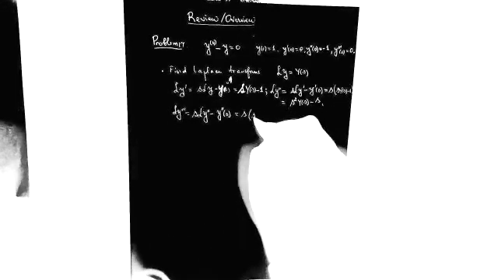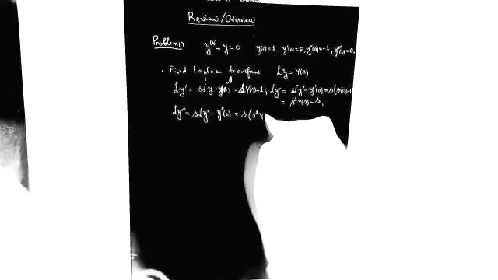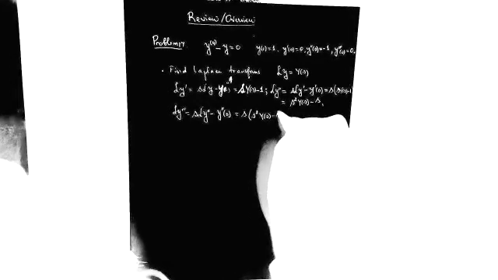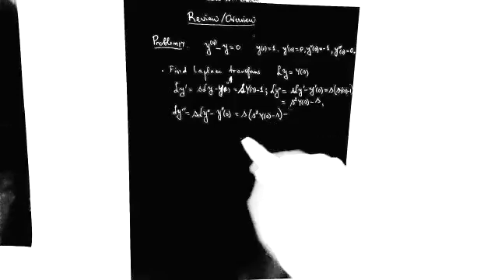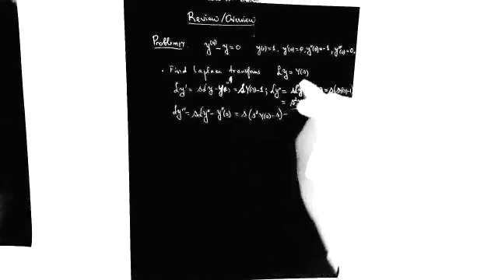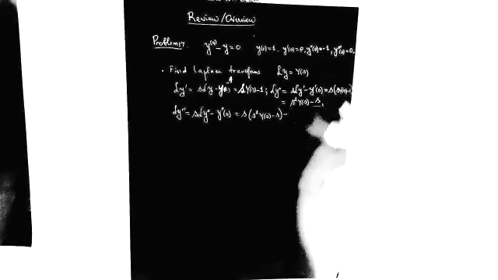So that is s squared Y of s minus s minus, and the second derivative at 0 is minus 1. So minus minus 1 is plus 1. So that's s cubed Y of s minus s squared plus 1.